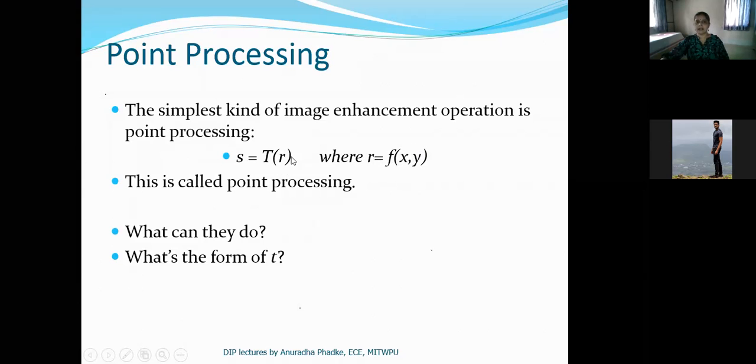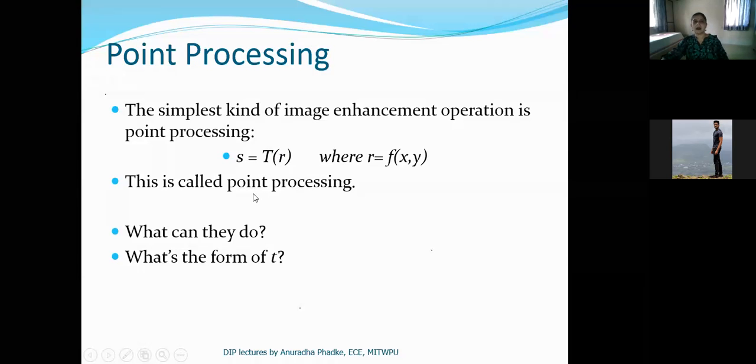On this pixel value r, we apply a function T to get the enhanced pixel value s. This is nothing but point processing. We simply apply a function on the original gray value to get a modified or enhanced gray value. This is the meaning of point processing.